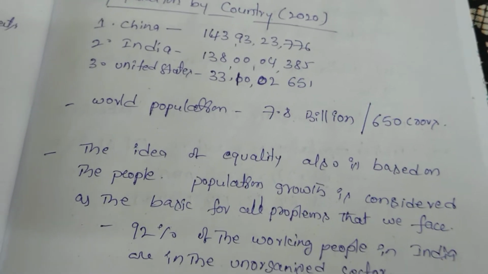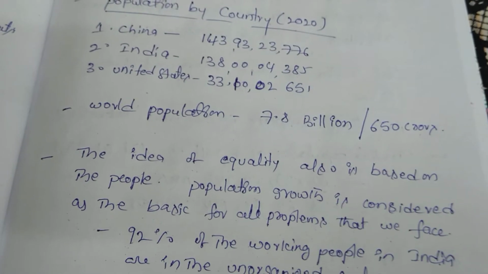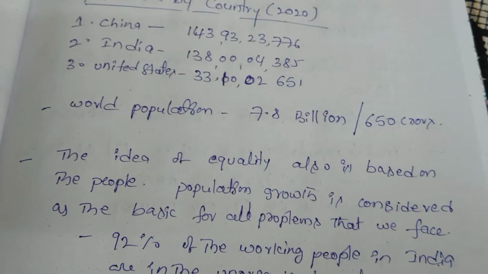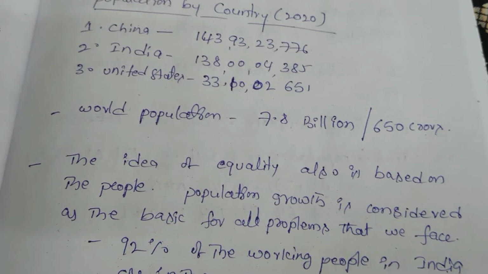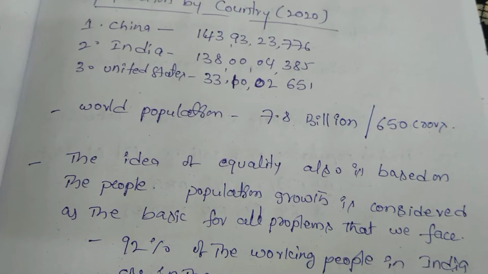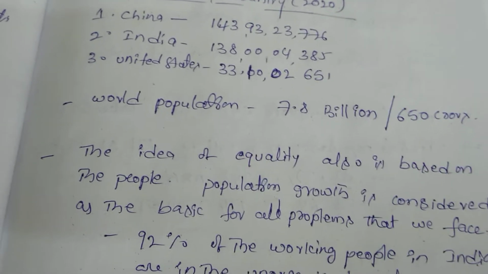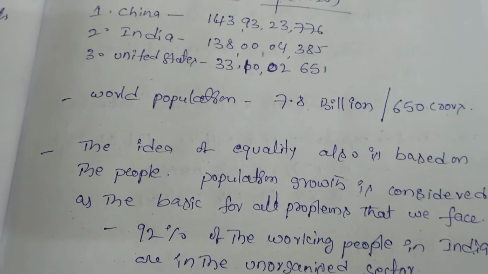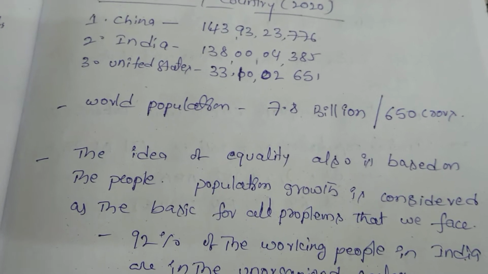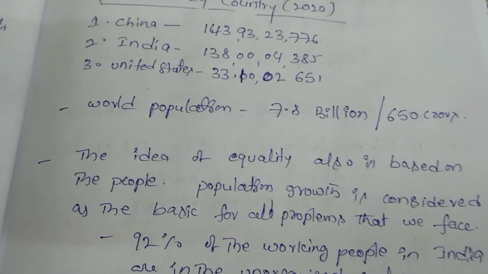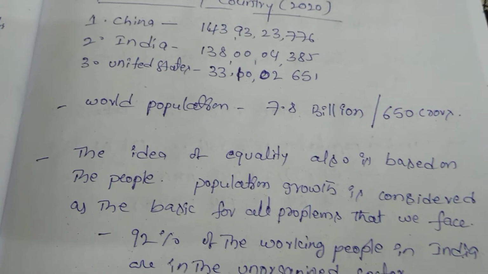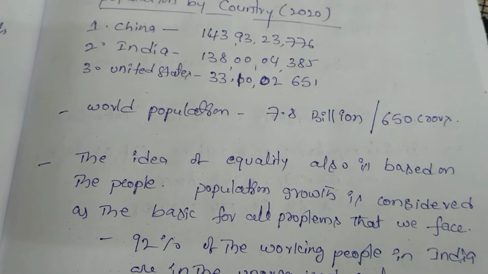Okay, in India, almost 92% of the working people in India are in the unorganized sector. Already we discussed this. We have two types of sectors, organized sector and unorganized sector. So organized sector means which is controlled by government, where the good facilities are provided to the workers, either more salaries, incentives, and better working conditions. So that is called organized sector.